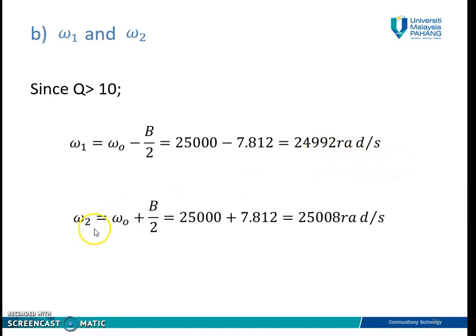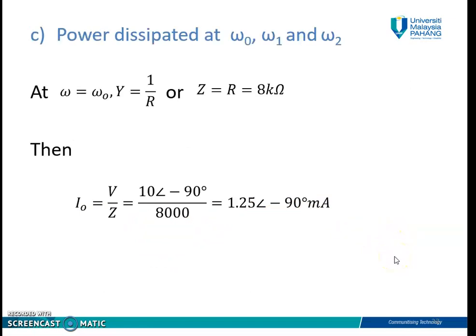For omega 2, omega naught plus bandwidth over 2, so we get 25,008 radians per second.